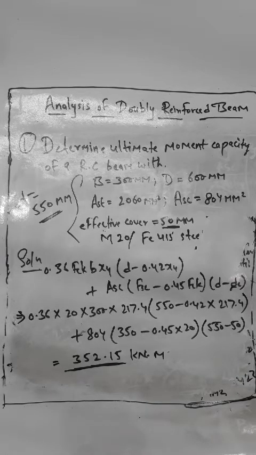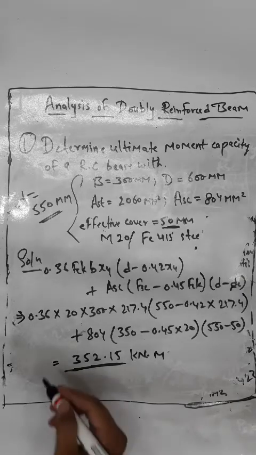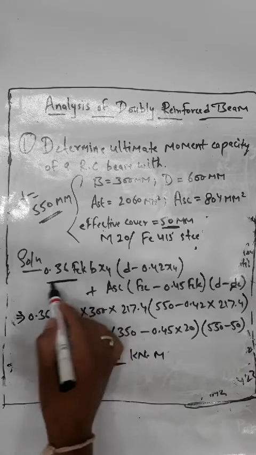So this is the process of how we find the moment of resistance for the case of a doubly reinforced beam by the limit state method. You use the same steps for finding the moment of resistance for various sections. This section is under reinforced, that is why we use this equation.